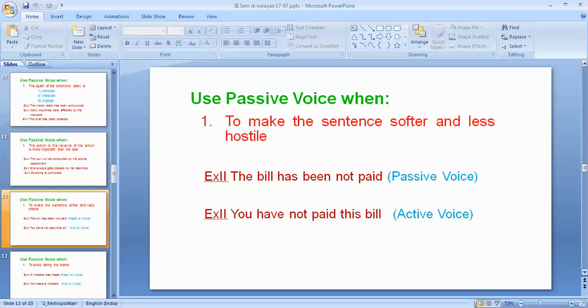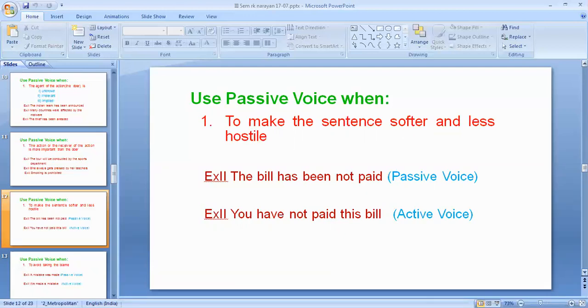And sometimes we use passive voice to make the sentence softer and less hostile. Sometimes we want to present some sentences in a softer way of presentation. Then passive voice helps us. For example, look at these two sentences.